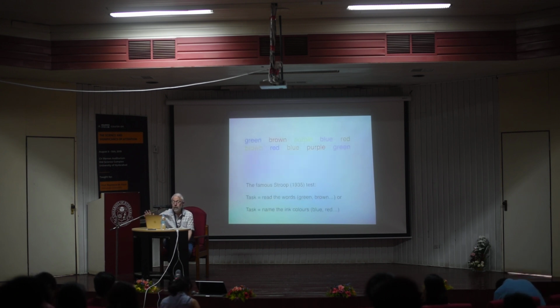The famous Stroop Effect is widely used as both an example of executive control and as a test to measure our ability to do it. So the task could be to read the words, which is relatively easy, or to name the ink colors, which, because reading is so automatic, is relatively hard.